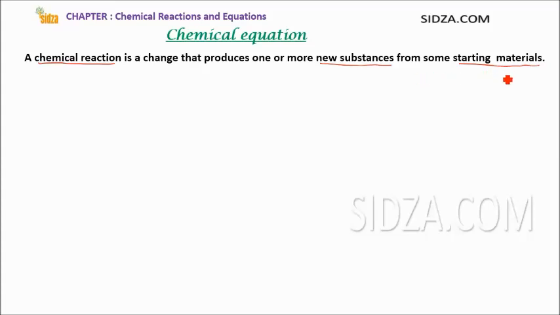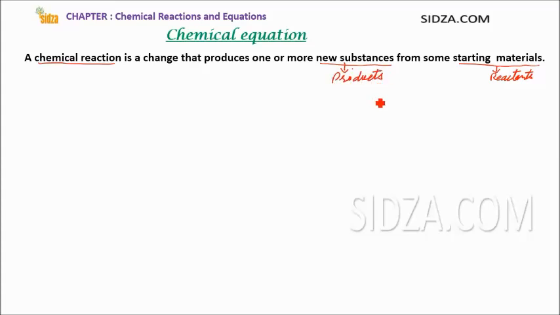The starting materials that we take to carry out a chemical reaction, we call reactants. Right? So reactants are the starting compounds in a chemical reaction, and the new substances which are formed during a chemical change are called products.